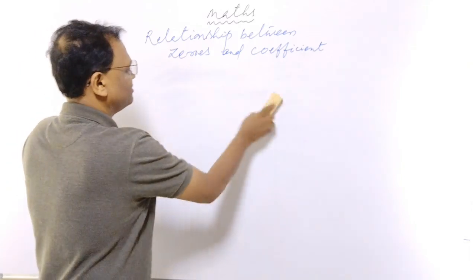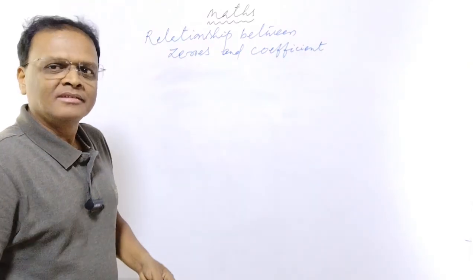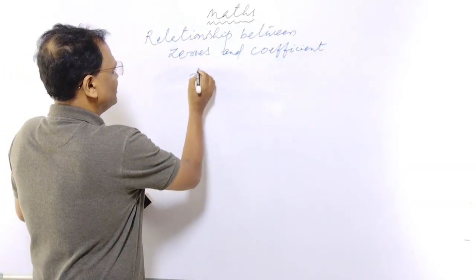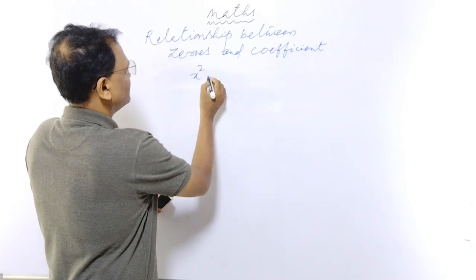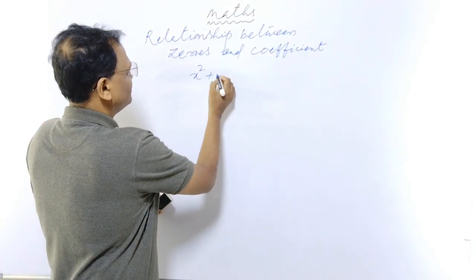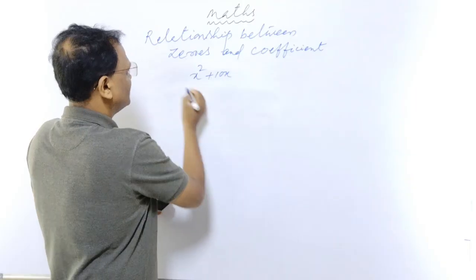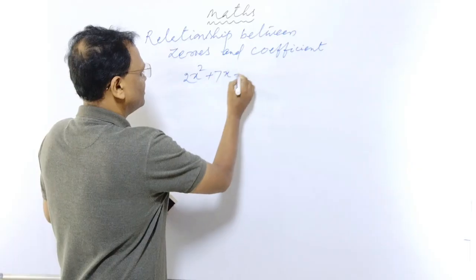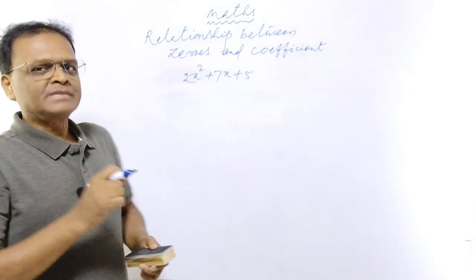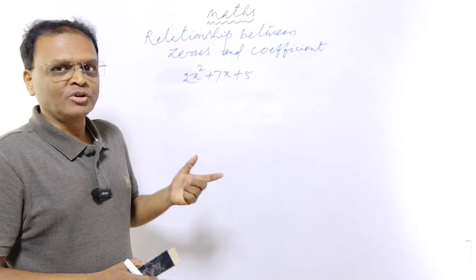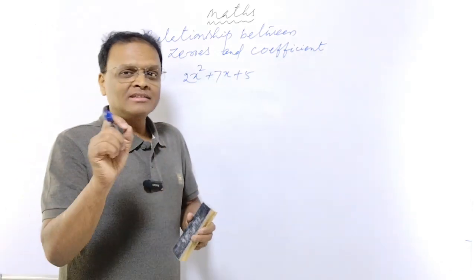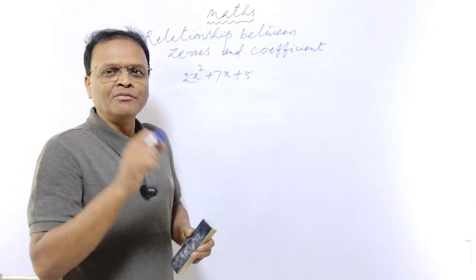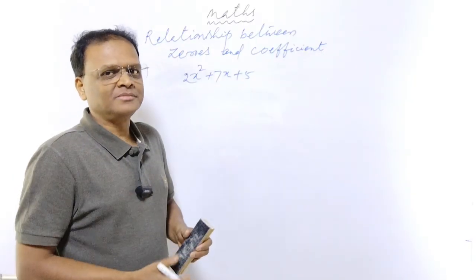For this, let me do one problem. First of all, let me write the formula, or else we can do an example. If it is given 2x square plus 7x plus 5, in this polynomial we are going to find the zeros of the polynomial, and I am adding something: verify the relation between the zeros and the coefficient.